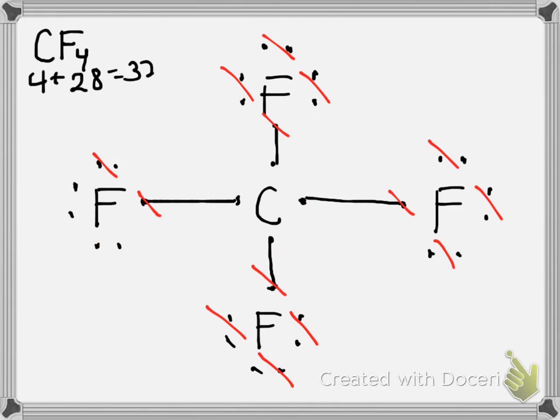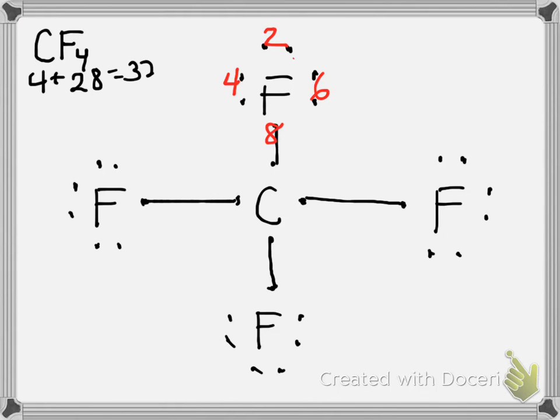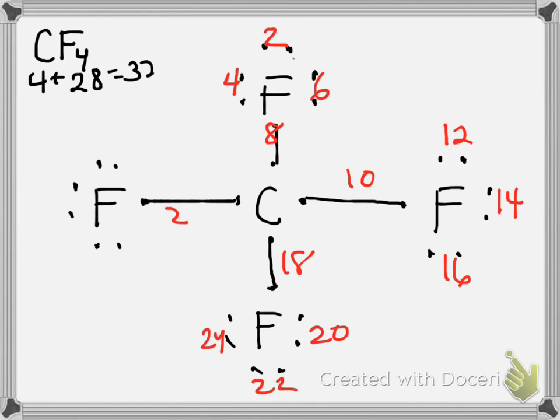Now let me delete those real fast. And now I got to count the total. All right, I'm just going to write it in right on top of it pretty much. 2, 4, 6, 8, 10, 12, 14, 16, 18, 20, 22, 24, 26, 28, 30, 32.